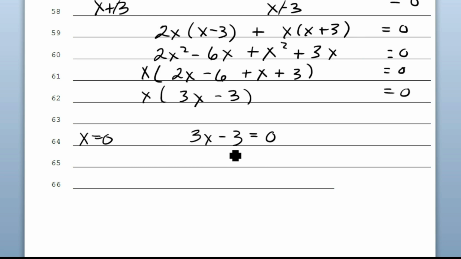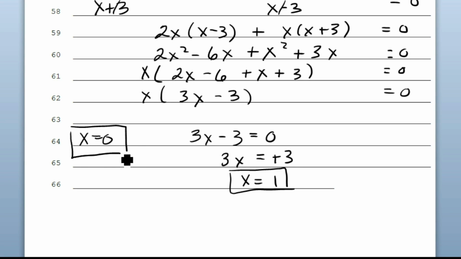Move this minus 3, eliminate that by adding a plus 3 to each side. We'll give you a plus 3 over here and a 3x over here. Divide by 3, and we say that x equals 1 is also a solution. And as always, x not equal to minus 3 or plus 3.